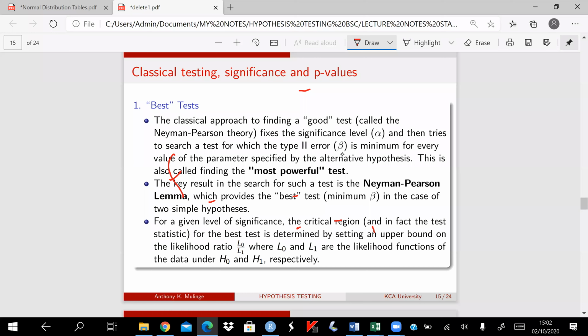And when we talk about L0 over L1, for instance, in the example that we looked at above, we were considering an exponential distribution, f of x given lambda is equal to lambda e to the minus lambda x, when x is bigger or equal to 0. L0 is the value of the likelihood when H0 is true. And H0 was defined like this: mu is equal to 20, which means that lambda is 1 out of 20.